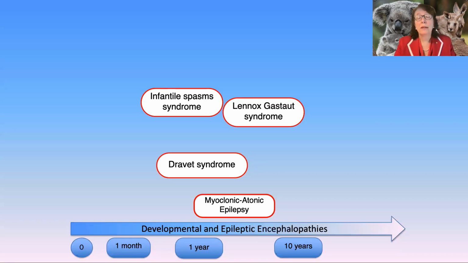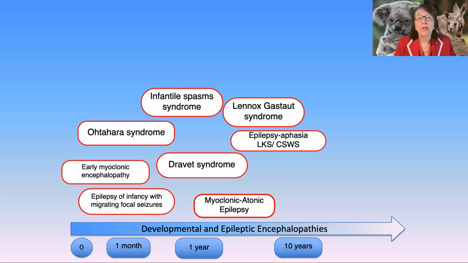So within the developmental and epileptic encephalopathies, we have a host of different syndromes that we know very well. The best known ones are Lennox-Gastaut syndrome, infantile spasm syndrome, previously known as West, Dravet syndrome, just to name a few. There are other rarer ones, some of which begin early in the first month of life.